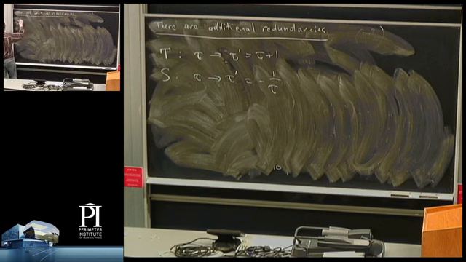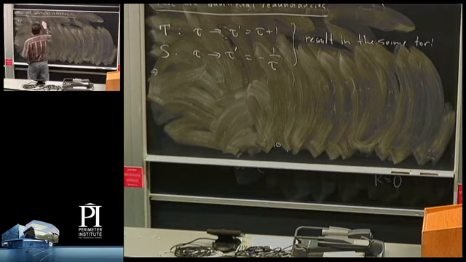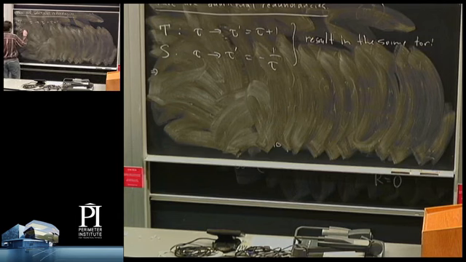So one additional redundancy, which I'm going to introduce as a transformation T, is when tau goes to tau prime, which shifts tau by 1 unit. And a second one is a redundancy when tau goes to tau prime, which is minus 1 over tau.